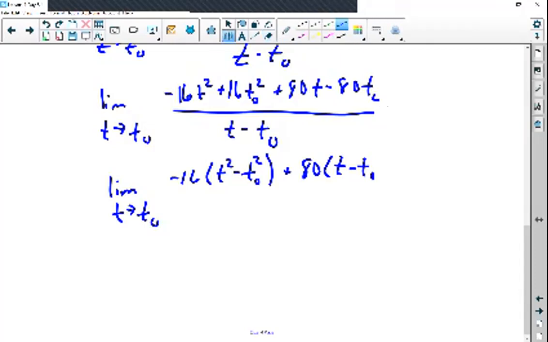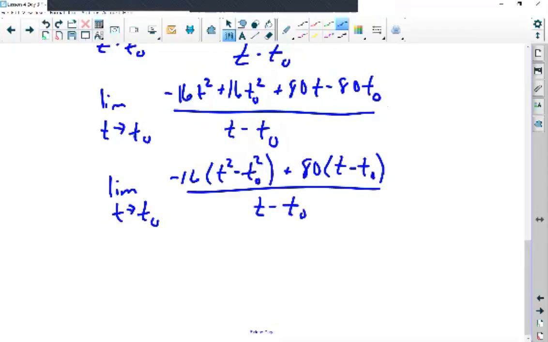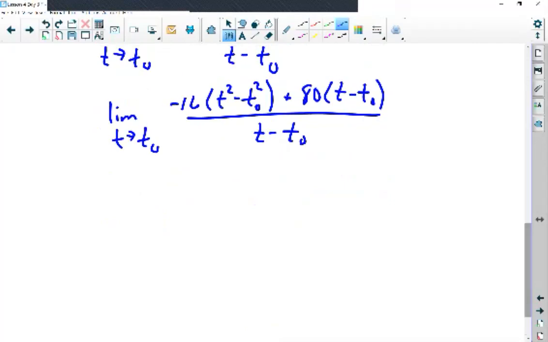And that should be 0, not a 2. I don't know what I did there. And believe it or not, we're almost done. This t squared minus t sub 0 squared is a difference of squares, and that can be factored.